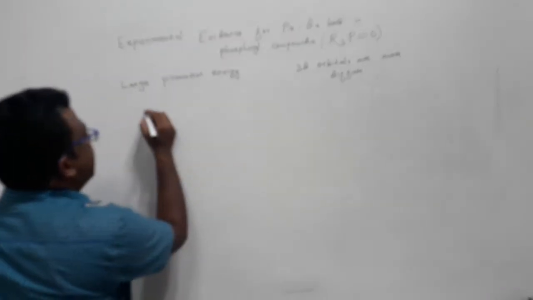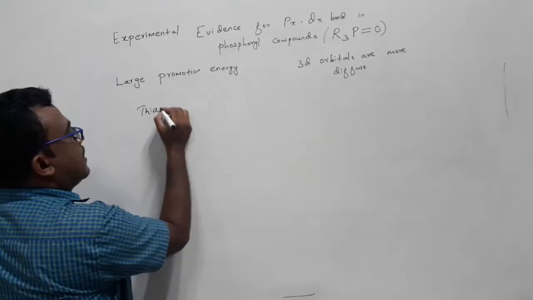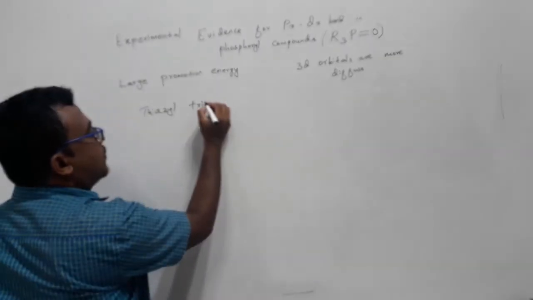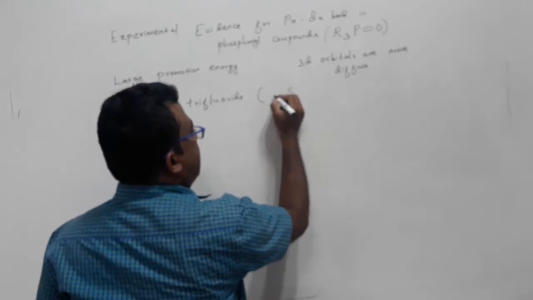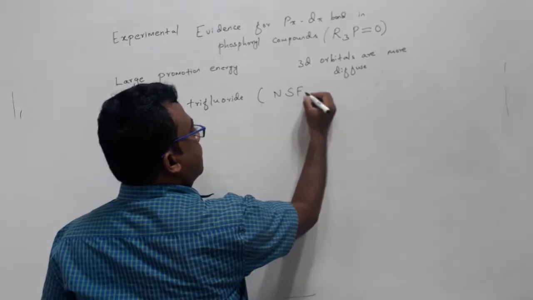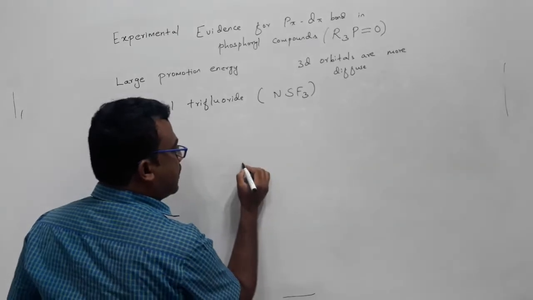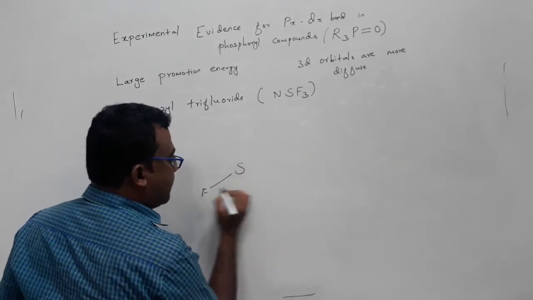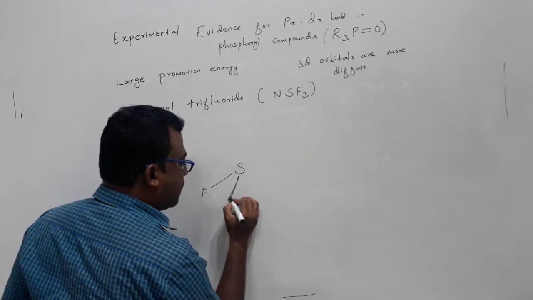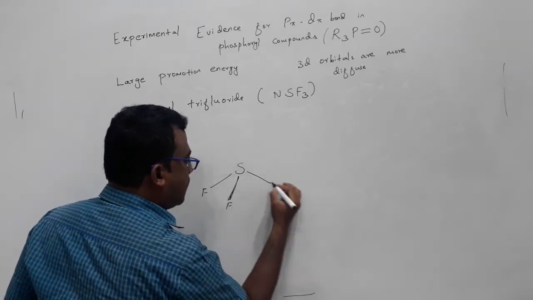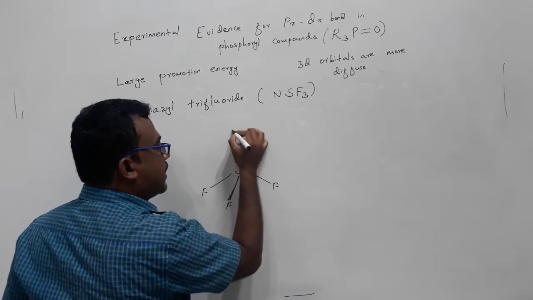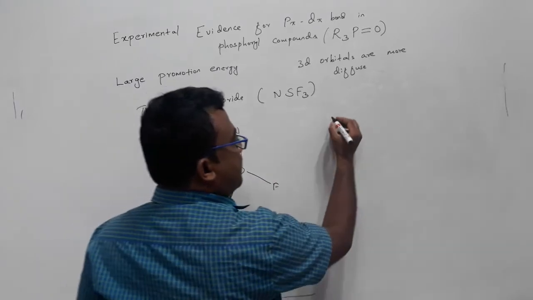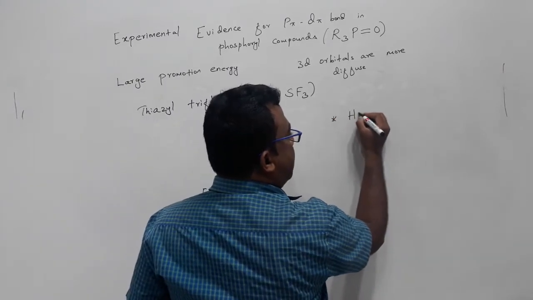We have a molecule of thiazyl trifluoride. Thiazyl, where thi means sulfur, thiazyl trifluoride. In this molecule, F, fluorine, triple bond, nitrogen. The feature of this compound is that it is a highly stable compound.